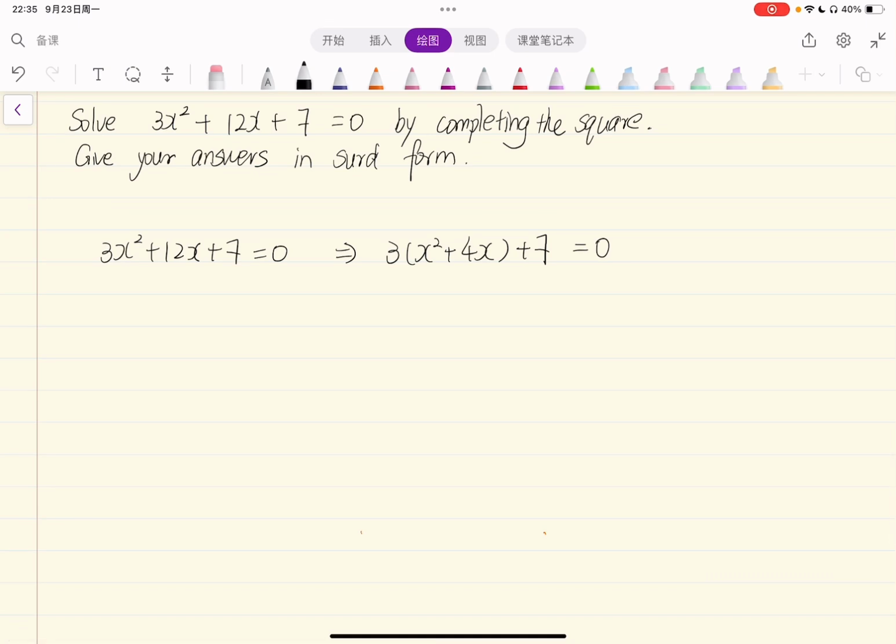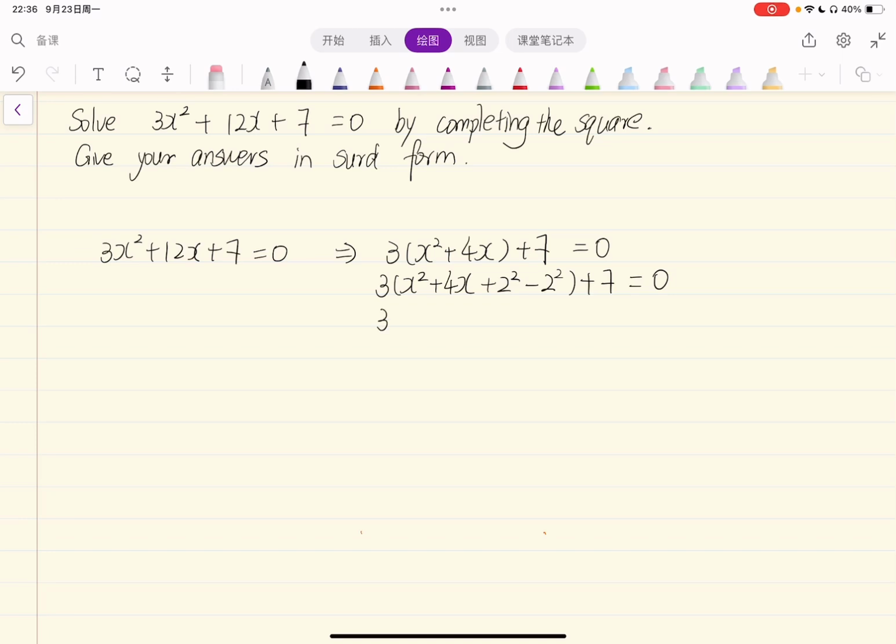Okay, now back to the question. We have 3 times x squared plus 4x, and divide the 4 by half and square it. We have 2 squared, minus 2 squared because we need to cancel it since we don't have 2 squared in the original one, and then plus 7 equals 0.